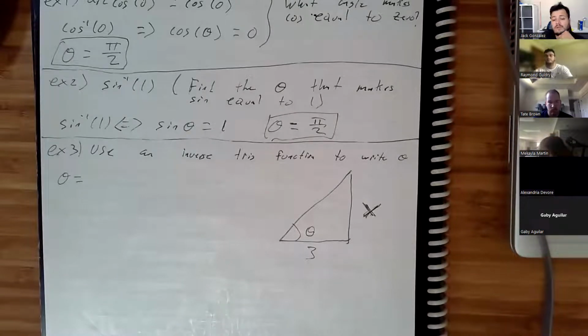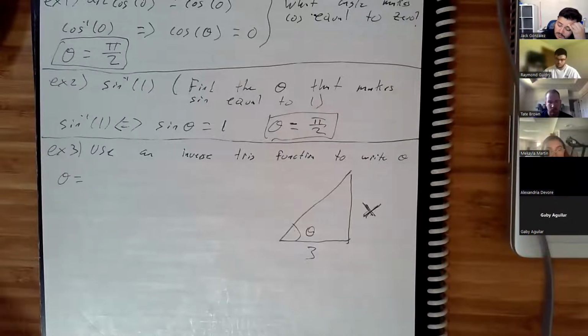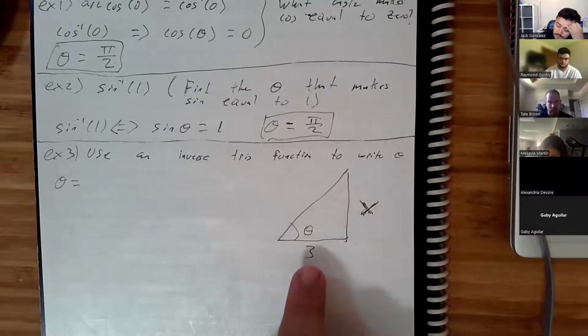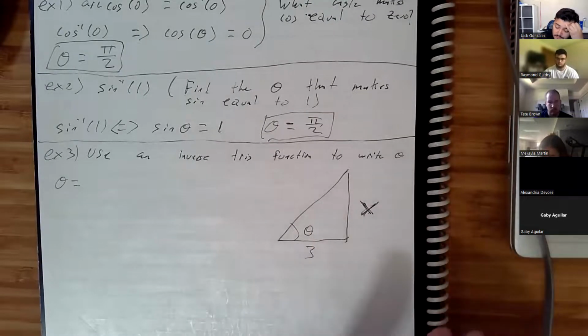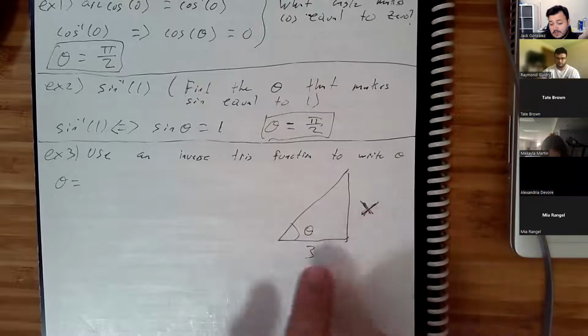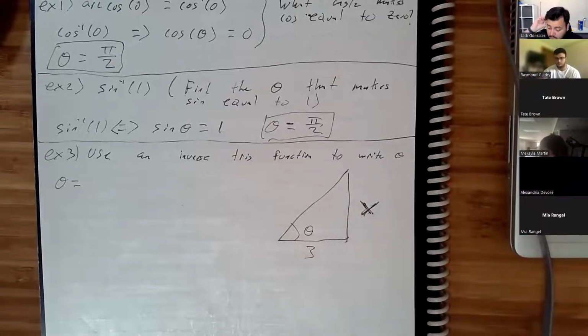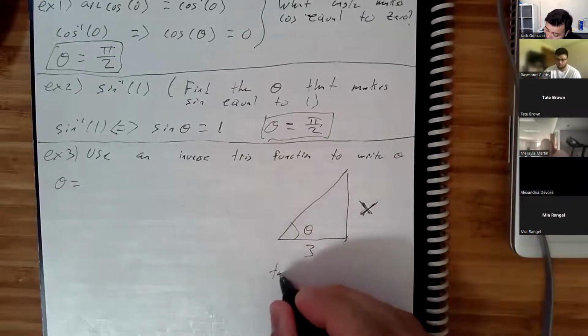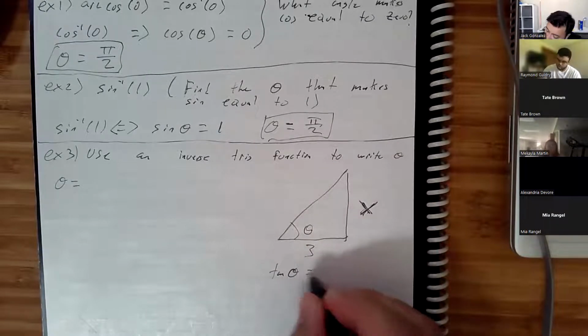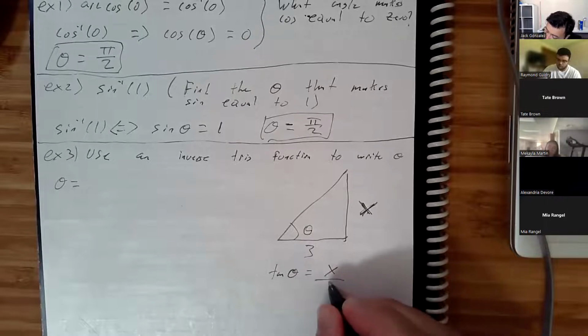So they want us to write theta in general terms. They don't actually want us to solve for a number, because we have an unknown. We have 2 unknowns, so we can't do much. So we need to pick a trig function. We have an opposite and an adjacent side. So we should pick the function that has both of those, which is either tangent or cotangent, either one. So tangent of theta is equal to the opposite over the adjacent.